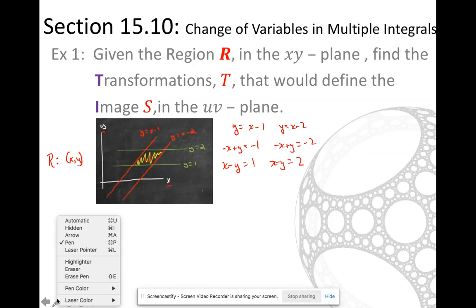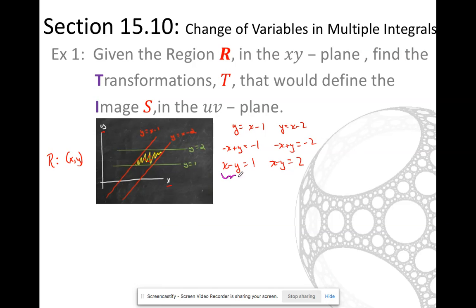If I transform X minus Y into U, notice that I now have two equations that represent two boundaries in my domain region as U equals 1 and U equals 2.